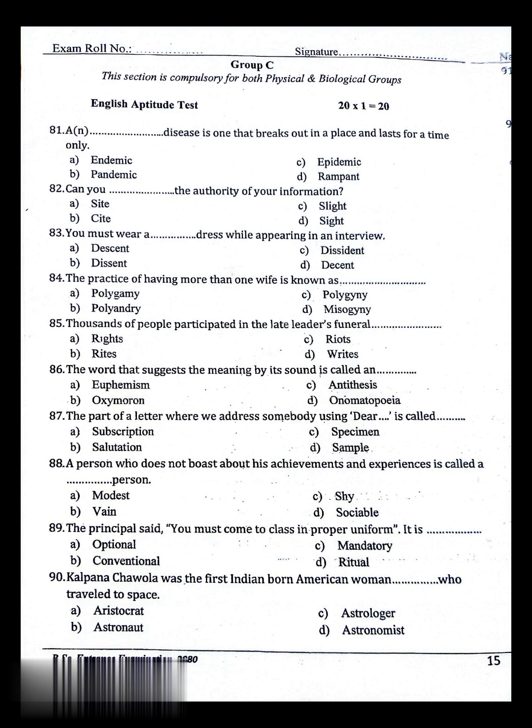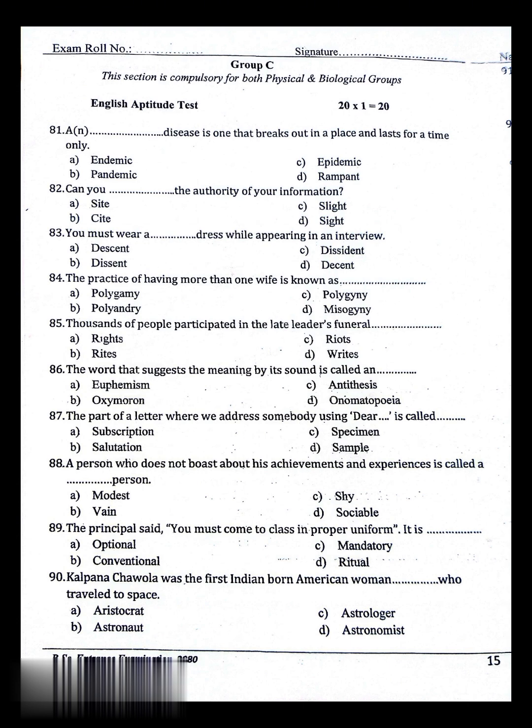A person who does not boast about his achievements and experiences is called a person. A, Modest; B, Vain; C, Shy; D, Sociable.